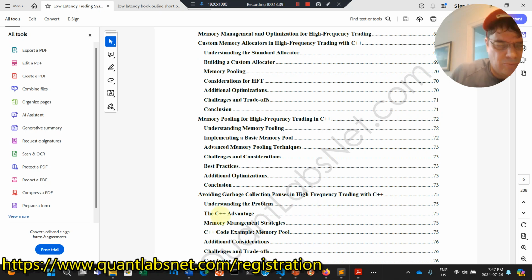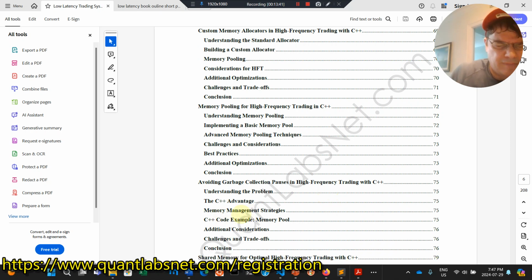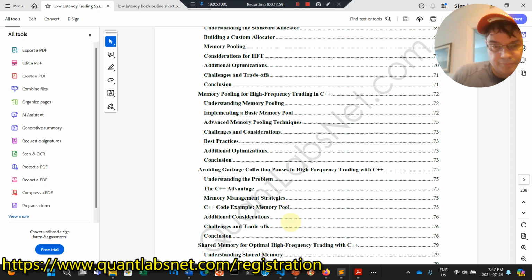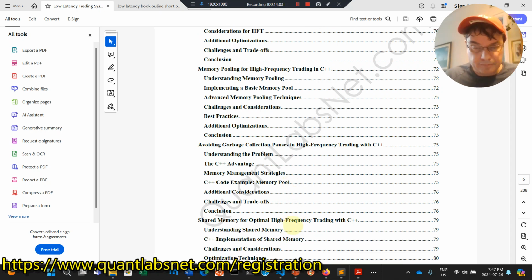So you have to understand the problem, why C++ with its advantage, understand the different memory management strategies, because you're now handling your own memory. It's not just using a framework from the basic standard features of Java or C#, let's say. You have to build your own memory management.